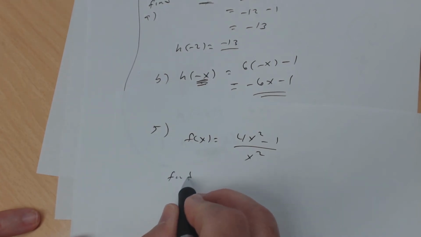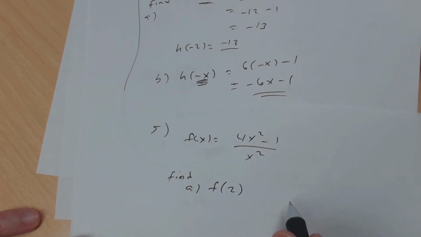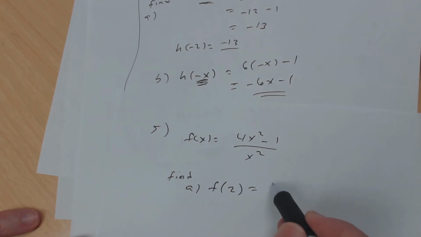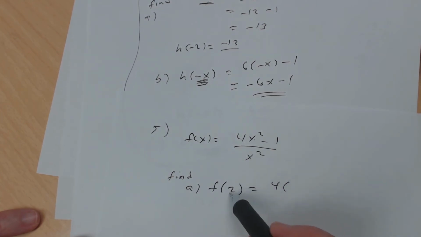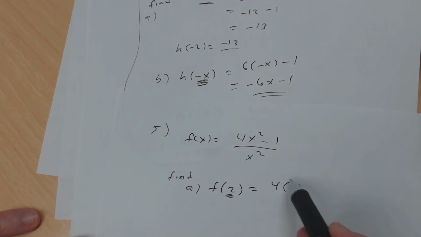And let's say you want to find f of 2. Wherever you see the variable x, you plug in 2. So I get 4 times x, and x becomes 2. Don't forget for this one, you're squaring it. Minus 1, all over x squared.